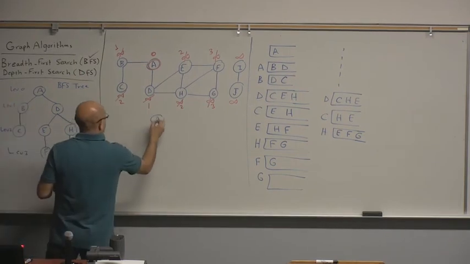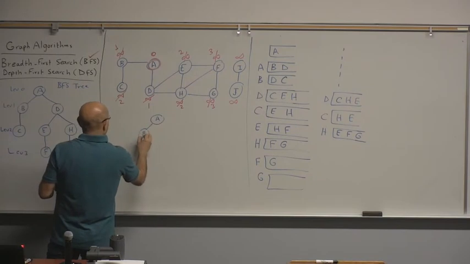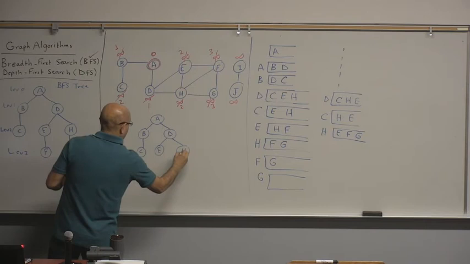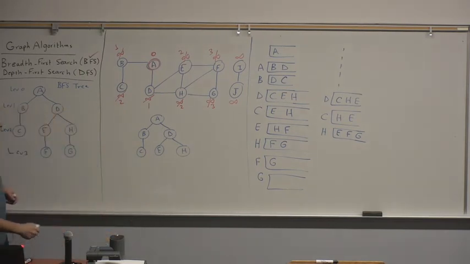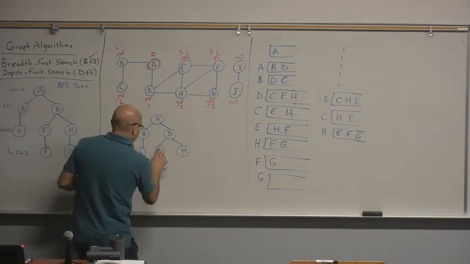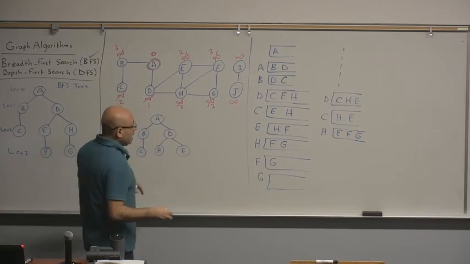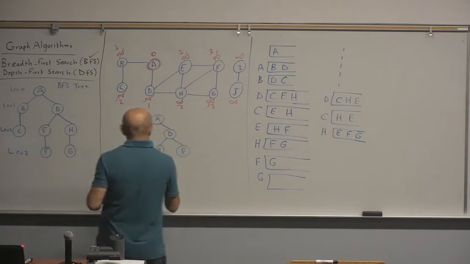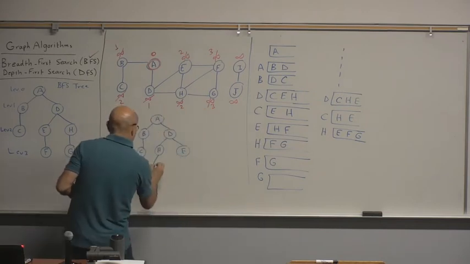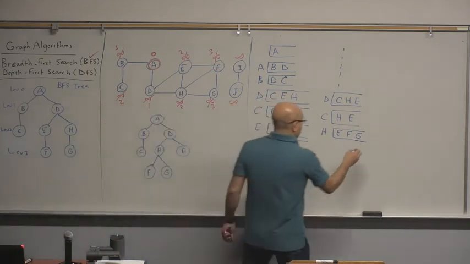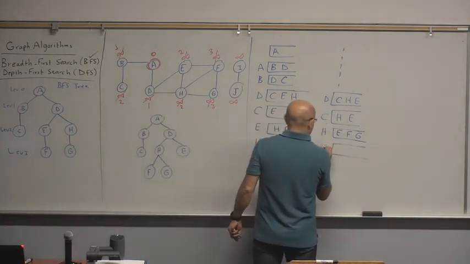It will look like A, B, C, D, E, H, or let's do HE. But now the neighbors of H are F and G. F and G, then we take E out.